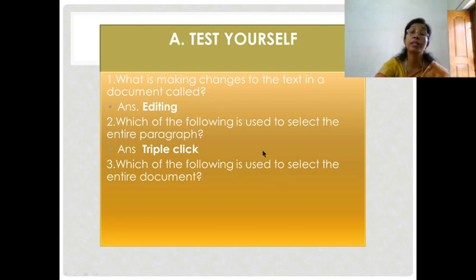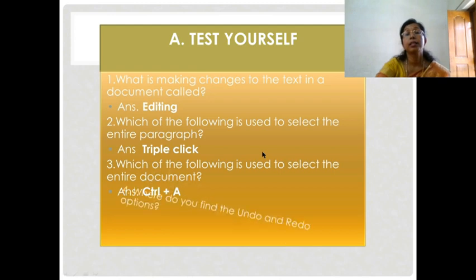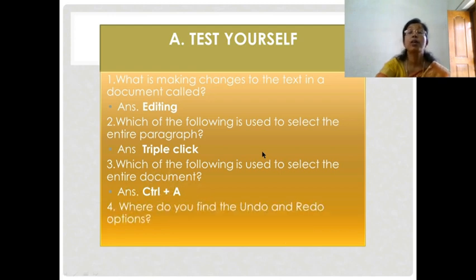You will use the keyboard shortcut Ctrl plus A. Then the fourth question, where do you find the undo and redo options? Undo and redo options can be found on the quick access toolbar.